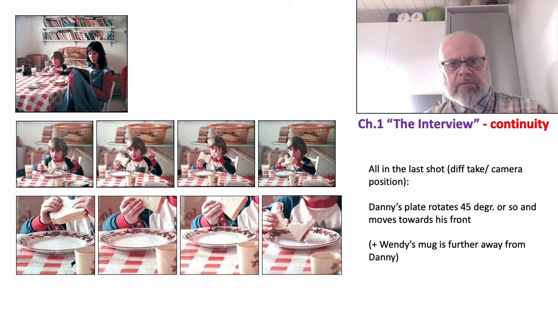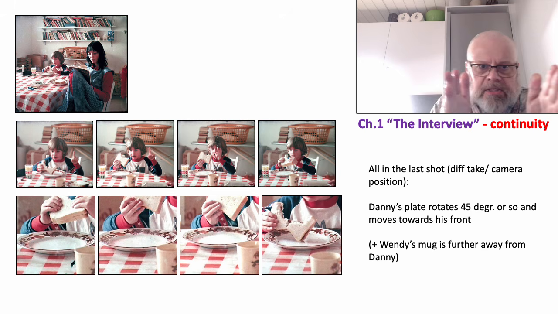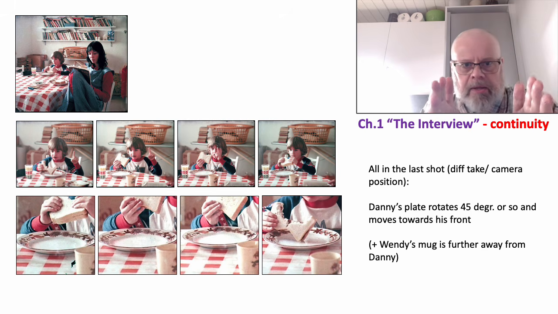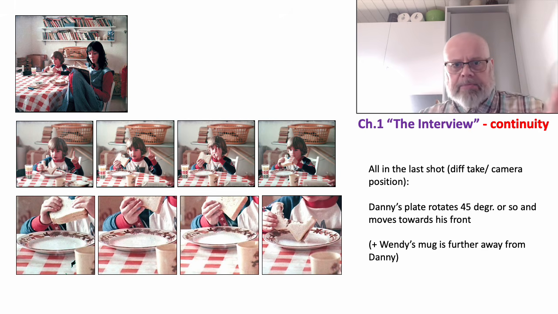Then in the last shot, which goes back and forth between Wendy and Danny, all of a sudden it's a new sandwich, and it's almost eaten, and the plate has moved, and it's a slightly different camera angle, and her cup has moved, and so on, right? So continuity problems.